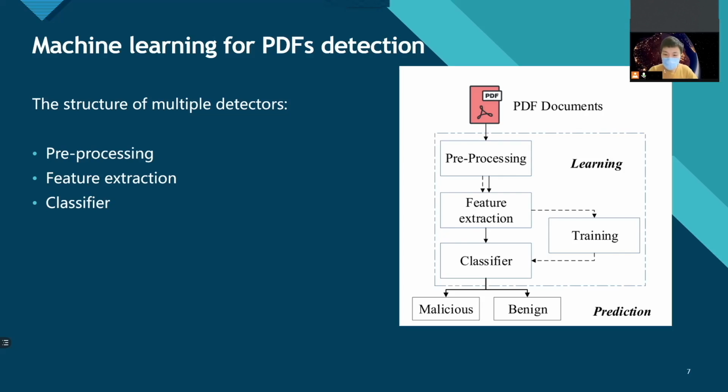The primary goal of machine learning detectors for malicious document detection is to decide whether some unseen PDFs should be labeled as malicious or benign. In general, their structure is shown in the figure, which is composed of 3 main parts: pre-processing, feature extraction, and classifier.